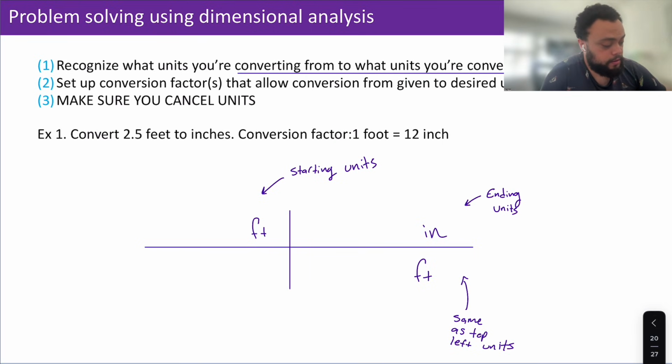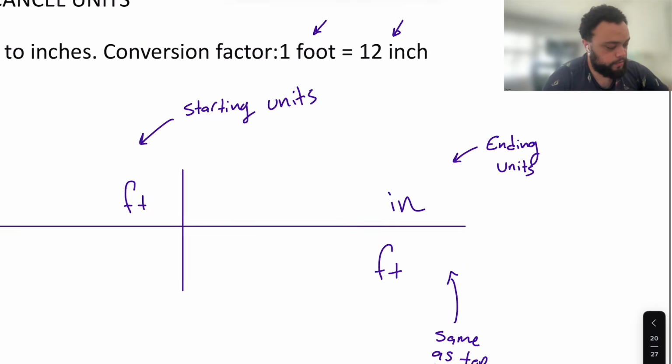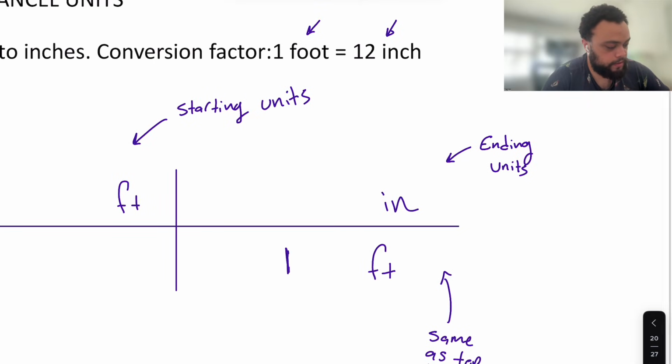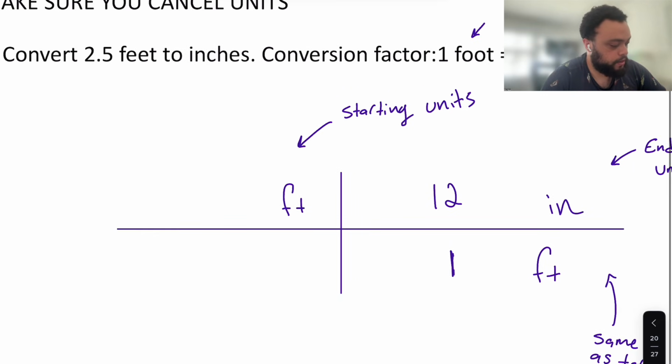Now, this is where we put the conversion factor. We're going to start plugging in numbers. Our conversion factor says that 1 foot is 12 inches. So 1 foot, whatever the foot one is, goes down there, and 12 inches goes on top. The other thing we have is our starting amount to go with the unit.